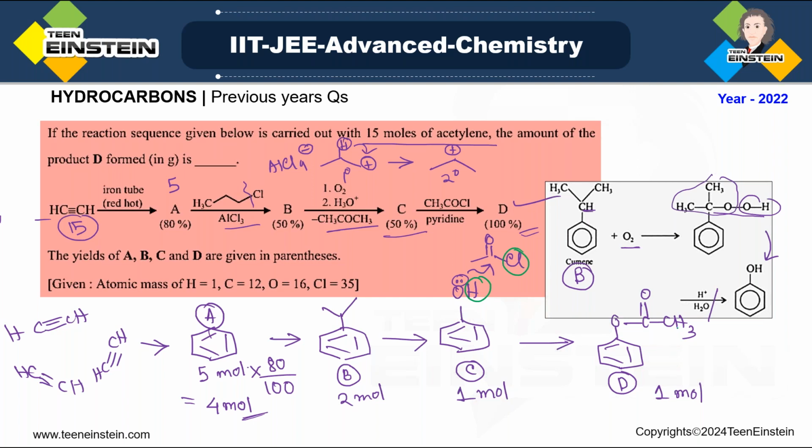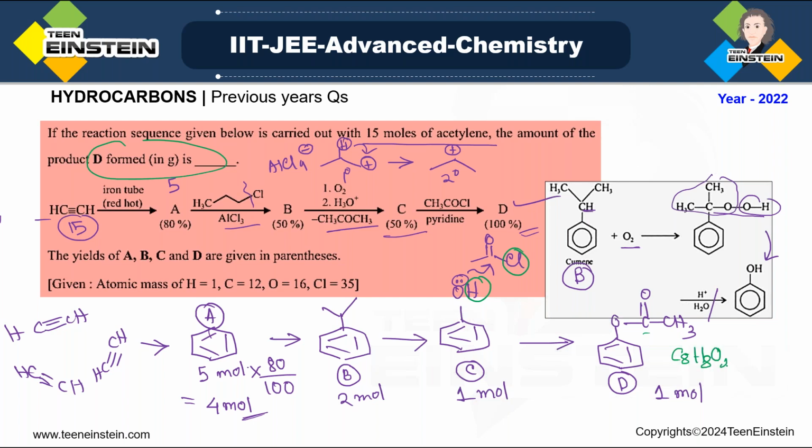Now here we will calculate the formula, because you have to find the amount of product in terms of gram. Benzene ring 6 carbon, 2 more carbon, so it is C8. Total number of hydrogen: 5 hydrogen in the benzene ring, 3 hydrogen here, so it is 8.